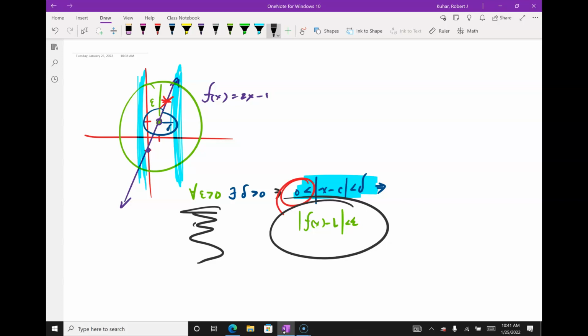Almost nothing, right? Remember, epsilon's got to be bigger than 0, but I'm going to make it almost nothing. And so what happens when I make this thing almost nothing? Where does this arrow shot go to? If I go almost to nothing, where is that arrow now? Where? Yes, right on this center.